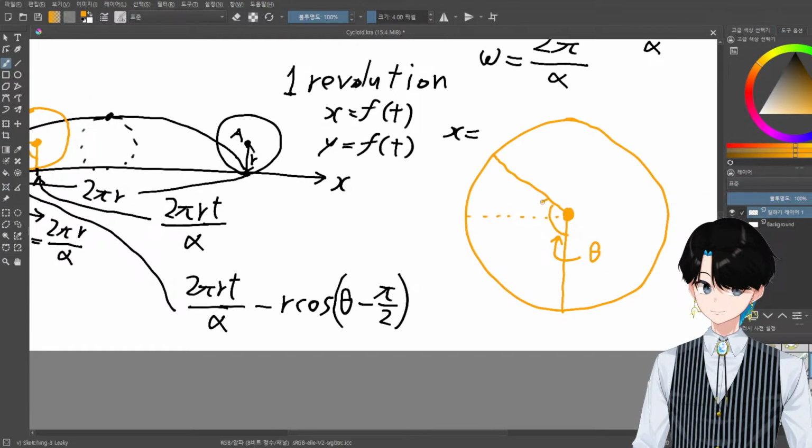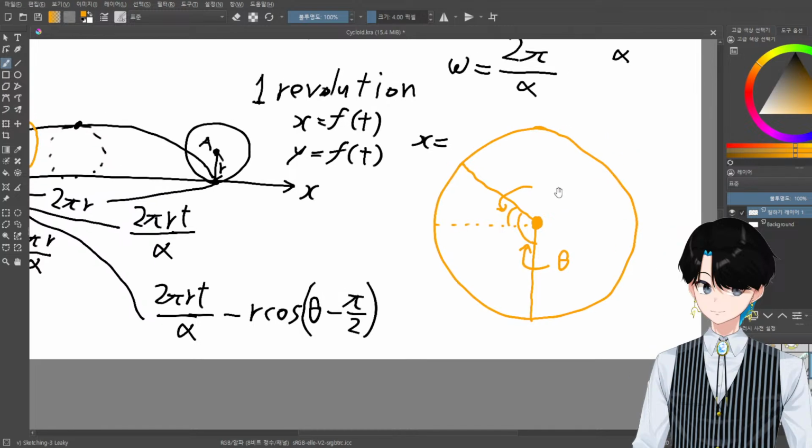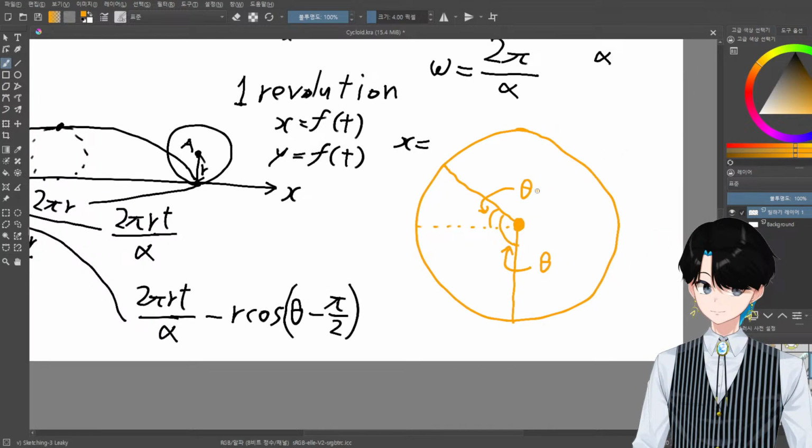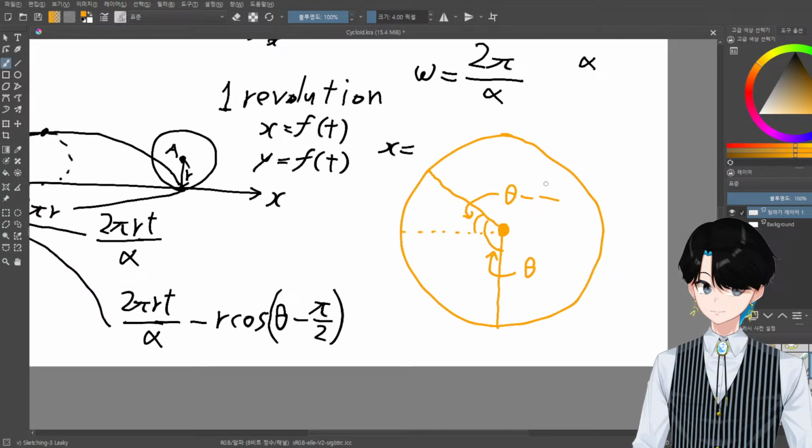This theta, and this will be theta minus pi over 2.